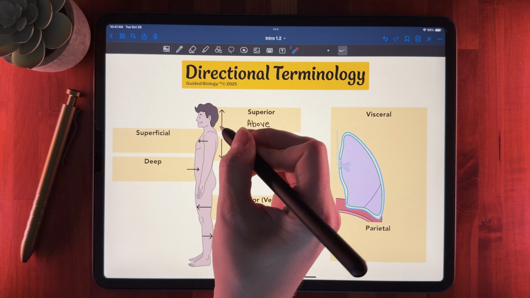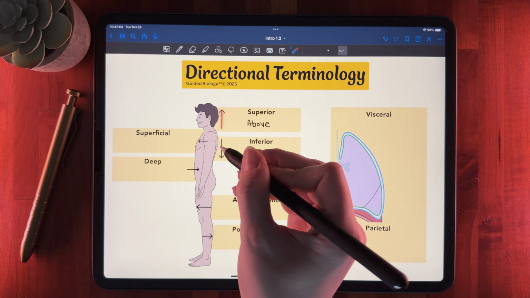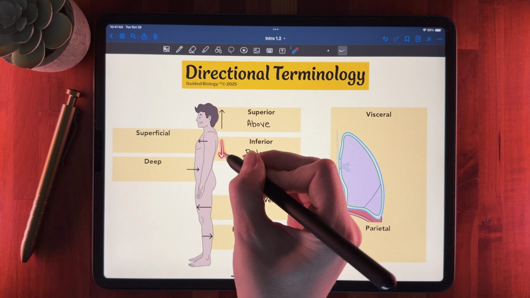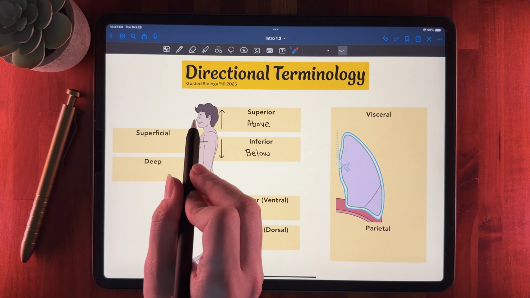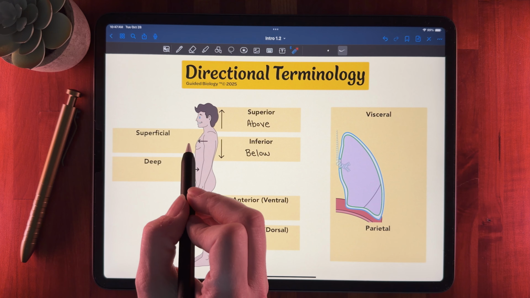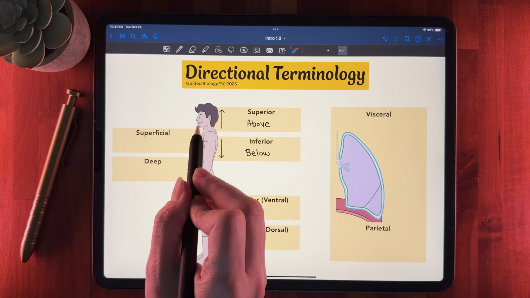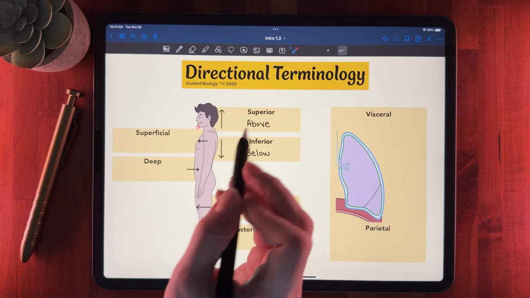So we have superior, which is above, and inferior, which is below. You could say that the nose is superior to the chin, meaning it's above the chin.